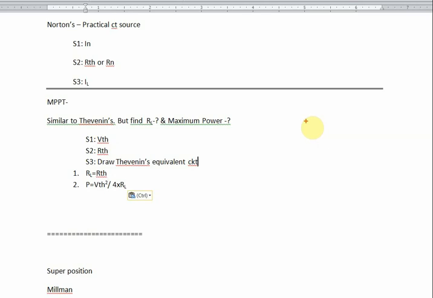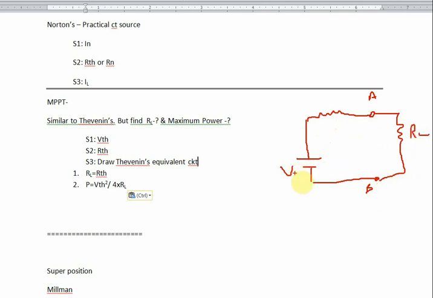So what is the Thevenin's equivalent circuit? VTH connected in series with RTH. Okay. So I have drawn AB, and across AB is connected the load resistance. Here is VTH. In step number one you find this VTH value and substitute it.